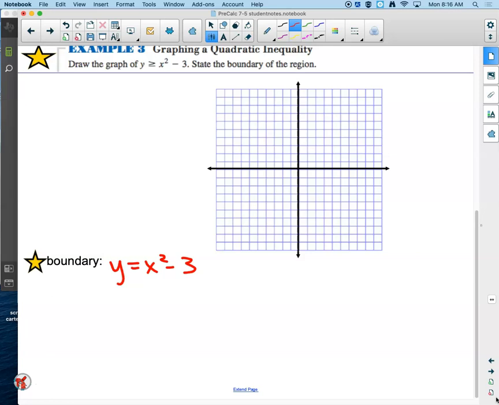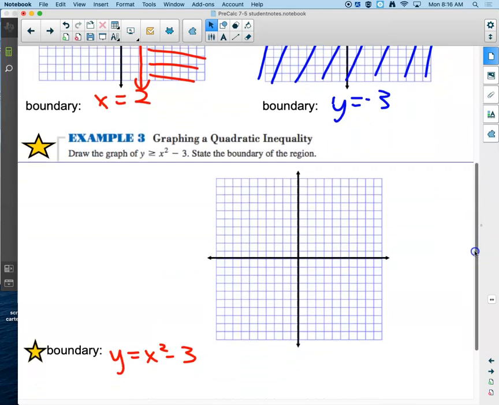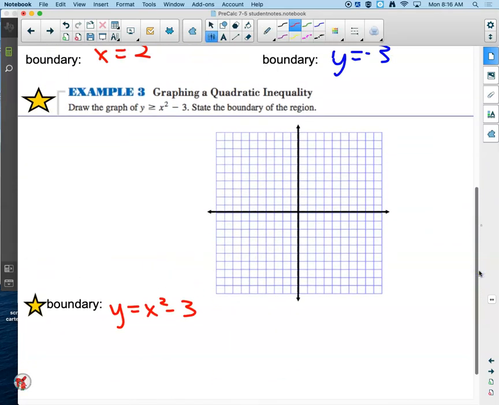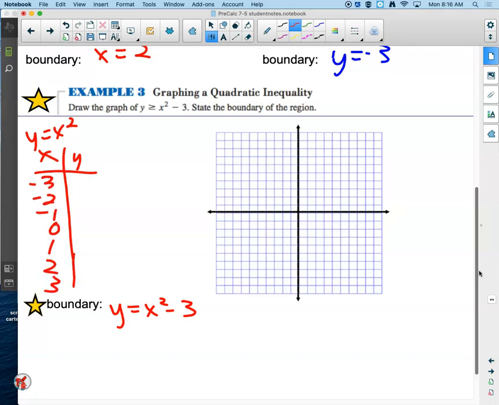Come on, smartboard. Wow, that took a while. So we had you come up with a table for y equals x squared, which is our parent function for parabolas, and put the usual suspects in for your x values, and just square those.